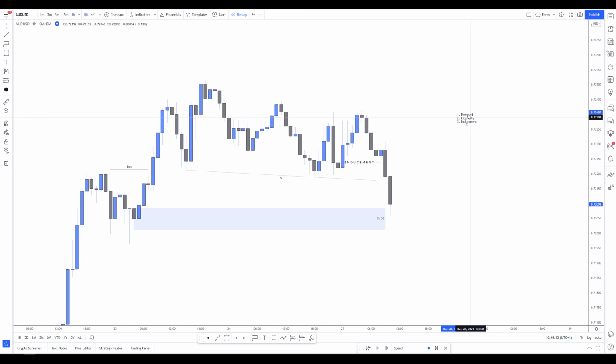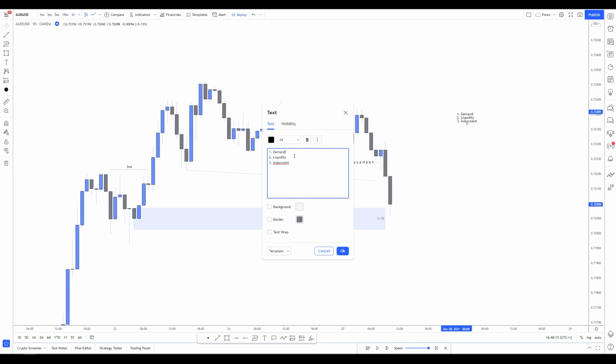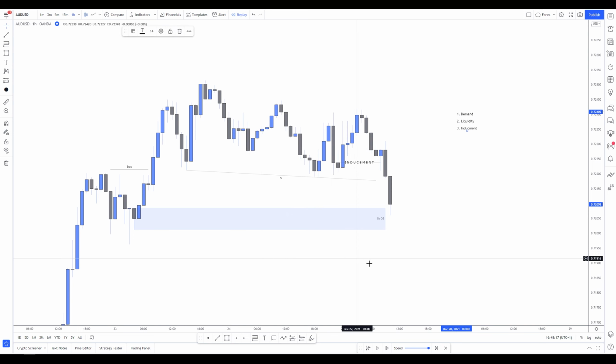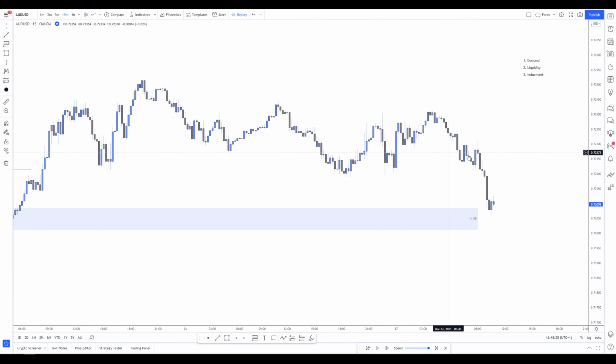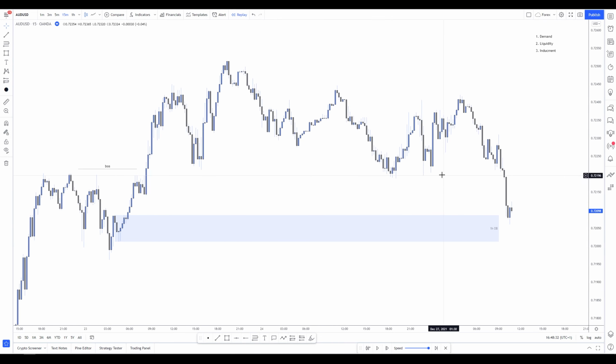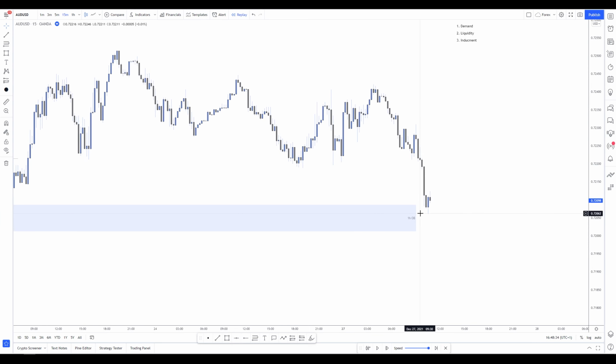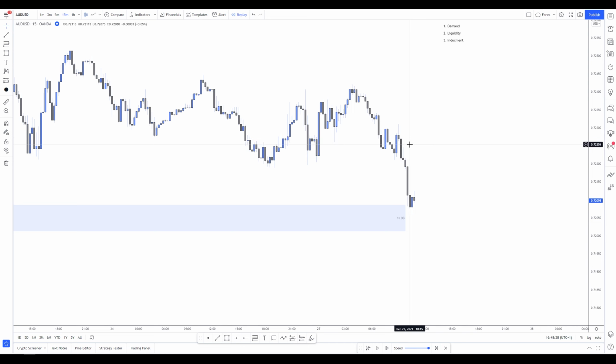Now we have these three confirmations, and that gives me the confirmation to go to the lower time frame. So I just leave this there and go to the 15-minute time frame. Now what we can see, price came into the demand area and created a 15-minute supply area.